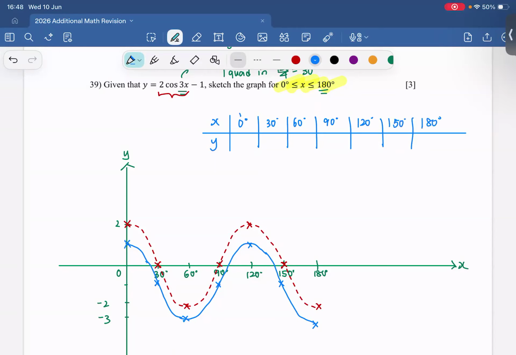So if you put the 0 degree into the x, you will get 1. So you can see you start at 1. You put 30 degree inside, you get negative 1. That's why it's here, negative 1. Then you put 60, you get negative 3, negative 1, 1, negative 1. So you plot these points, then you connect them, and you get your graph. Okay?